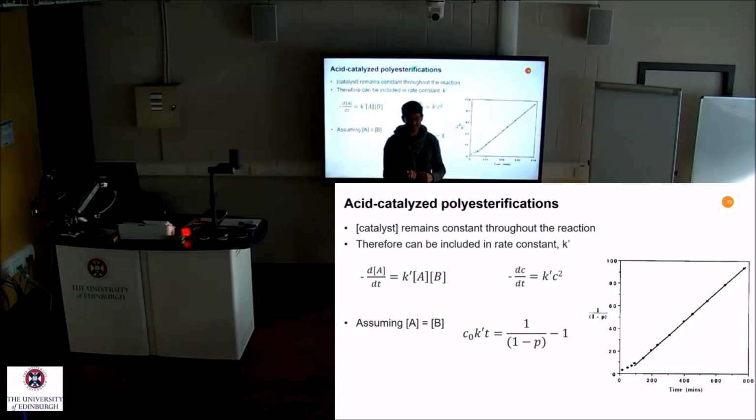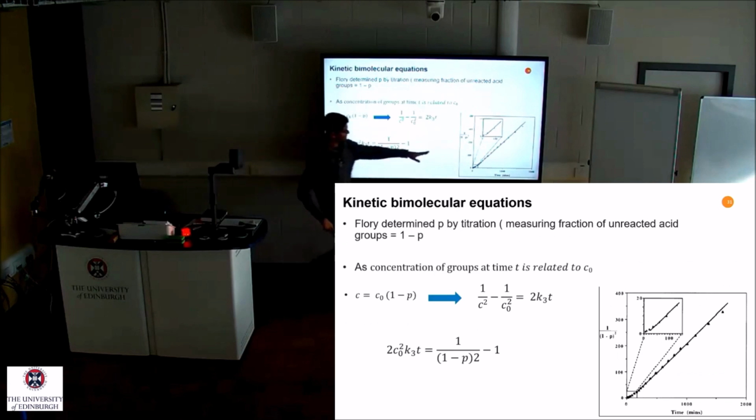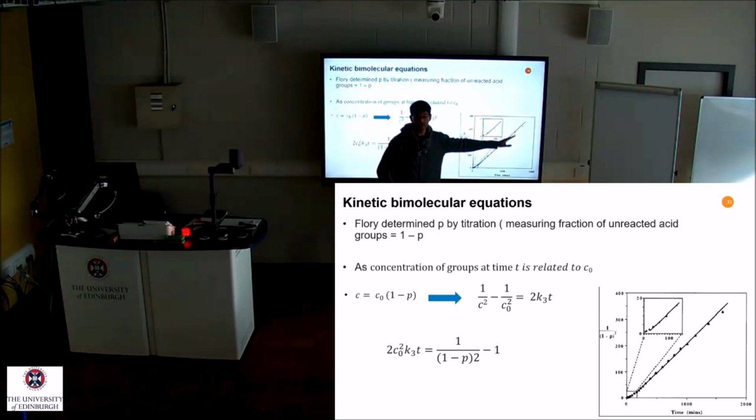It may be an uncatalyzed reaction. So in that case, what are you going to do? You already have the 1 by 1 minus P value, right? Then you just do one more column in Excel, 1 by 1 minus P whole square, and then you plot it. And then you should get a plot like this. Then you can tell, oh, this is an uncatalyzed reaction.